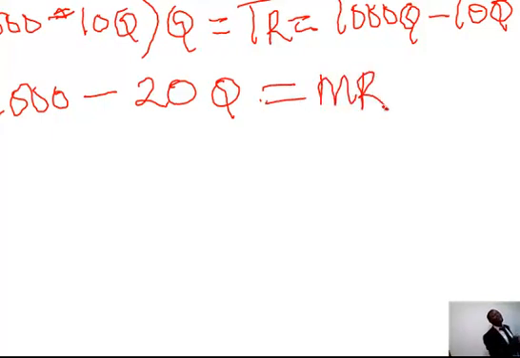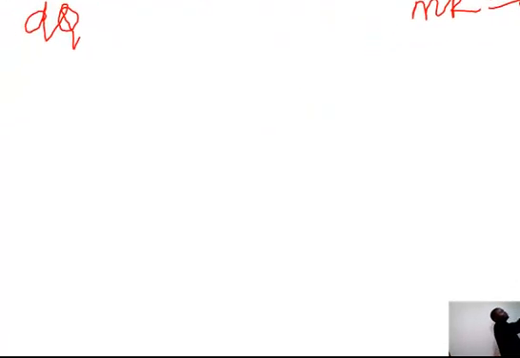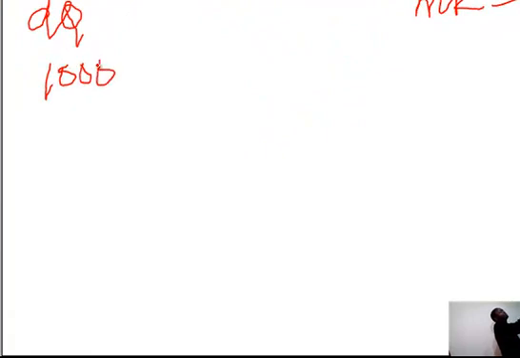And don't forget that the total revenue is maximized when marginal revenue is equal to 0. If marginal revenue is equal to 0, we must equate this to 0. 1000 minus 20Q will be equal to 0.